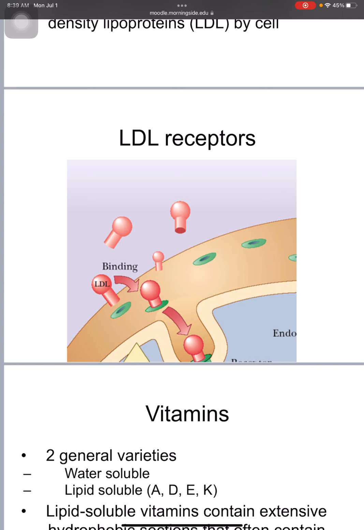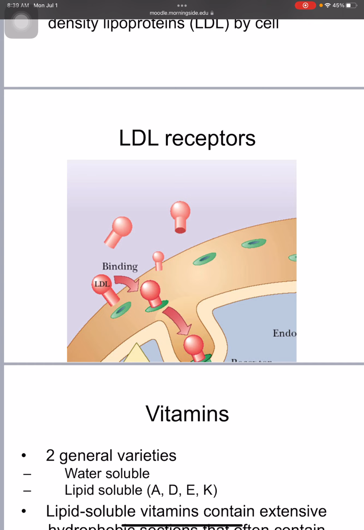The cholesterol itself, if it can't be used, will actually act as an inhibitor for the synthesis of new LDL receptors. So in a nutshell, too much cholesterol means these LDL receptors are either not being recycled to the outside, or you're not making new ones.